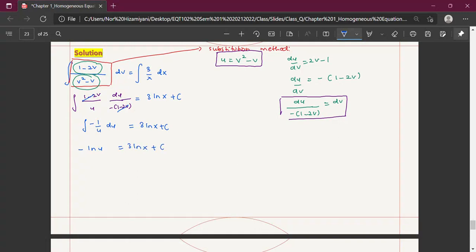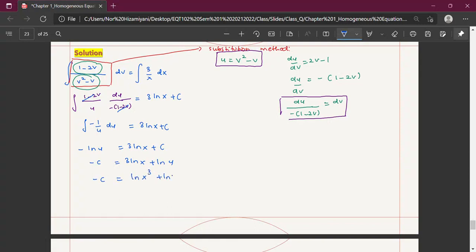So similar with example 2, you can rearrange in order to simplify your function. So you will get negative c equal to 3 ln x plus ln u. And then negative c is equal to ln x to the power of 3 plus ln u.